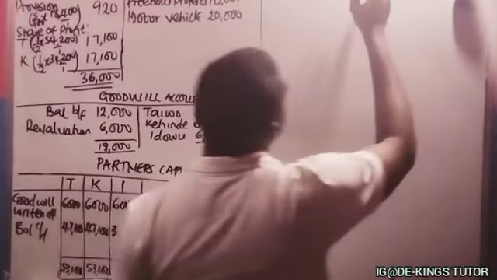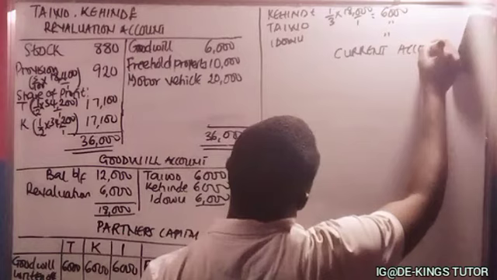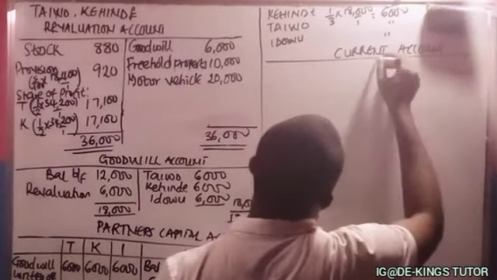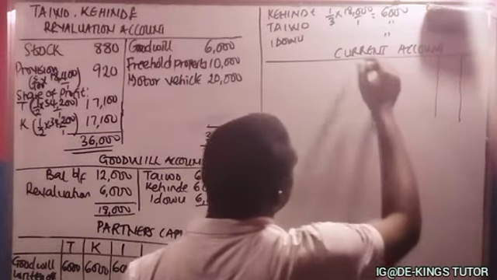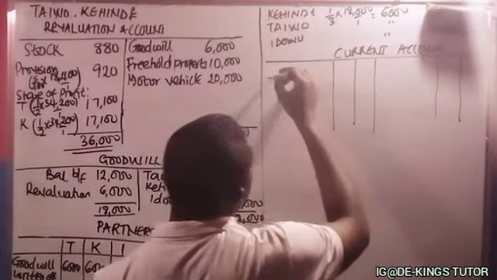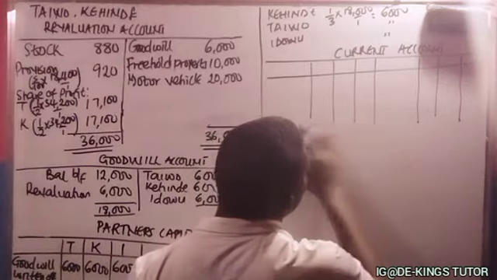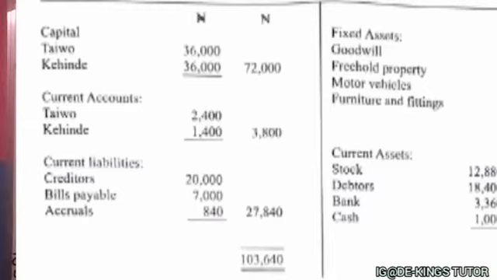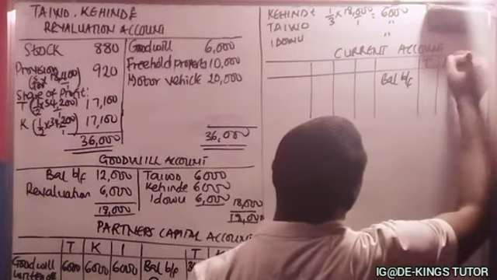Okay, so that's the capital account. So we'll come to the current account, because it asks us to prepare the current account. So if we do that, in the current accounts we have the balance brought forward from the question for Taiwo and Kehinde.